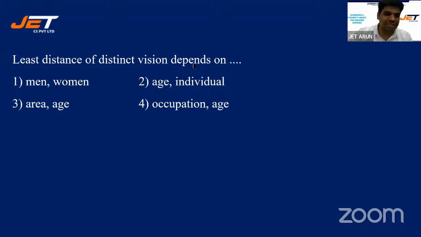No one should answer 3 or 4, at least. Occupation is what kind of job you are into, like what is it that you do for your living? That's what is called occupation. That means it depends on the individual, students.